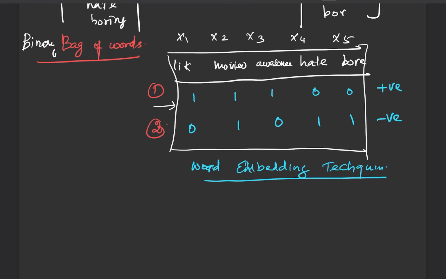So word embedding means just convert the words into meaningful numerical vectors, numerical representation of those words. So one of the embedding techniques we have seen here is just binary bag of words. There are a few different techniques which are more meaningful and more powerful than binary bag of words. So we will see all those techniques in our next class.